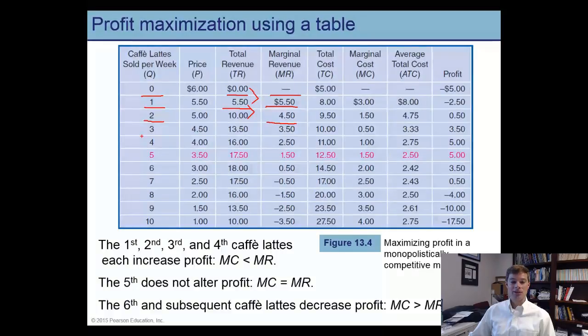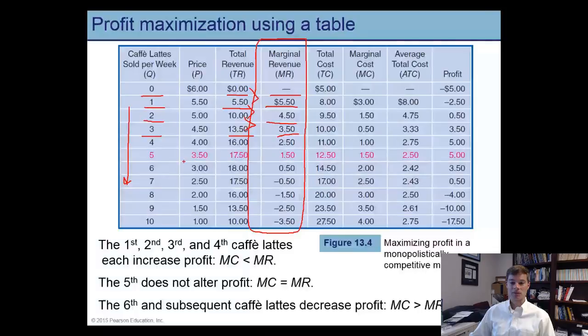I'm getting these marginal revenues by subtracting total revenue on consecutive rows. For example, $13.50 minus $10 is $3.50. That's the marginal revenue of the third unit. This marginal revenue column shows us how marginal revenue changes with each additional unit that we produce. It shows us the additional revenue that each unit brings into the firm.